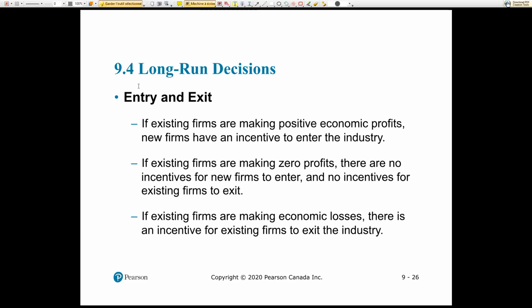So if firms make a positive economic profit, new firms are going to want to enter this market and essentially steal the profit from these incumbent firms and try to make it for themselves. So in the end, it tends towards zero profit.